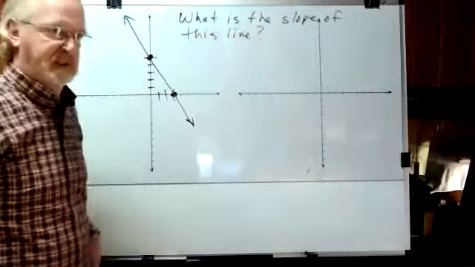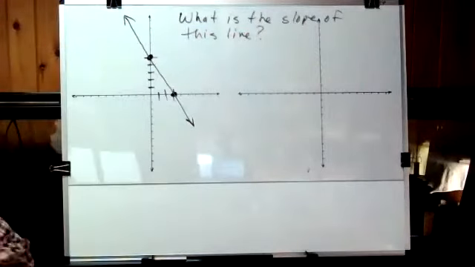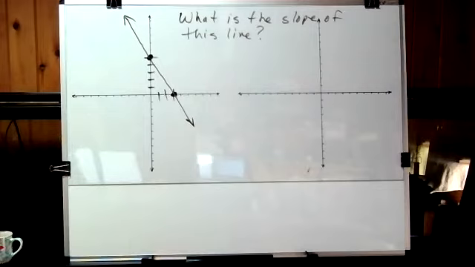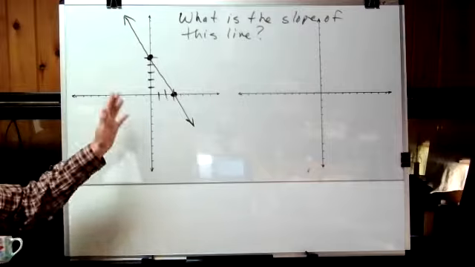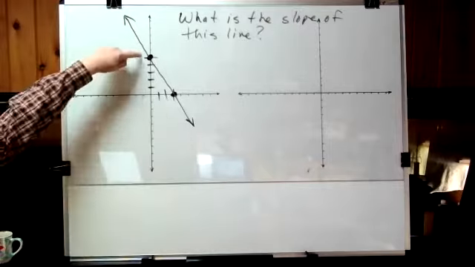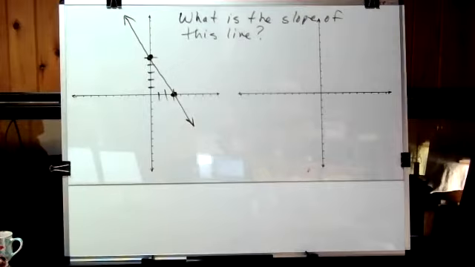Now this is assuming I get to look at the graph and just count the squares. I've tried to caution you to always be careful to look at the units. Now I'm just saying these are all ones. So here's 1, 2, 3, and here's 1, 2, 3, 4, 5. That should be enough information for you to count squares and come up with a slope. Is it going to be positive or negative? That should be a real quick one.